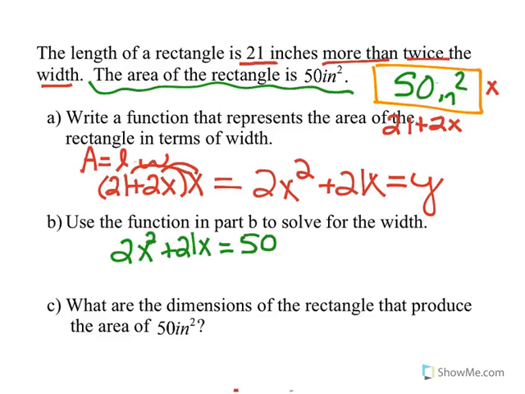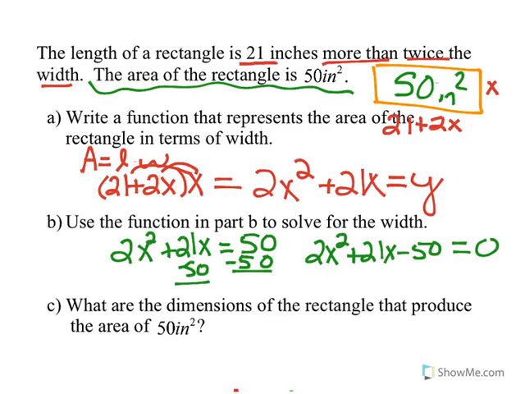Ooh, that looks like a quadratic equation. I'm hoping that you're thinking, ooh, it's not set equal to 0. So the first thing we need to do is move the 50 over to the other side. And now we create the equation 2x squared plus 21x minus 50 equals 0. Now that is in standard form.